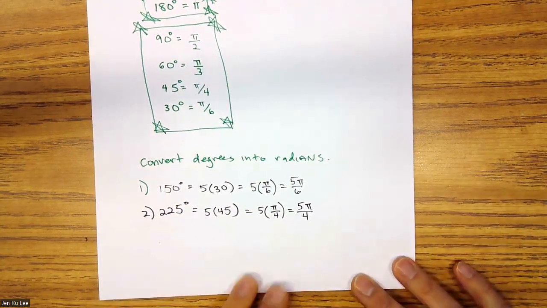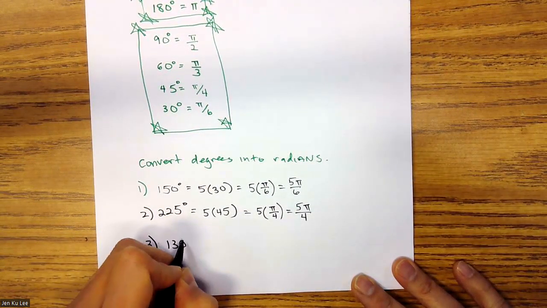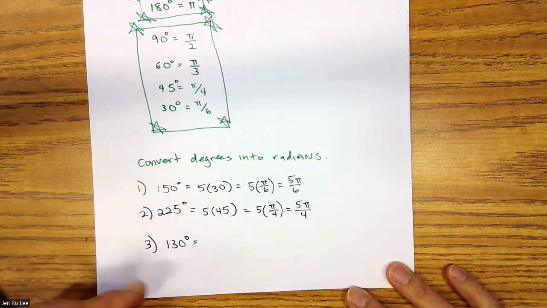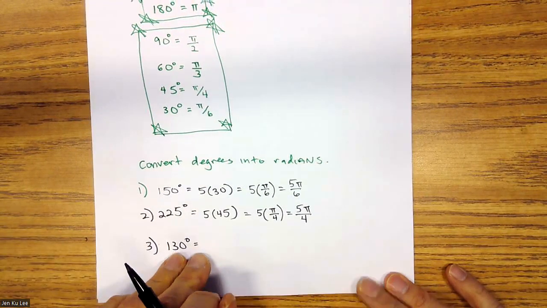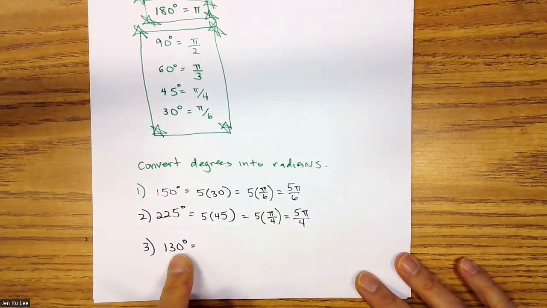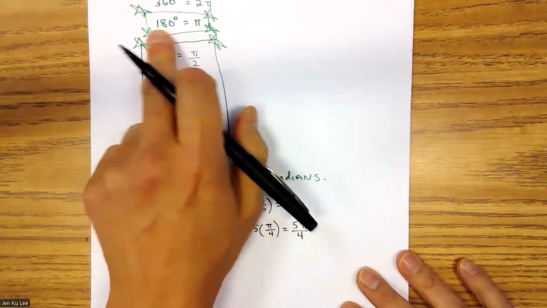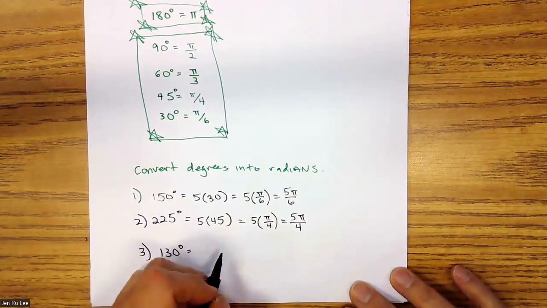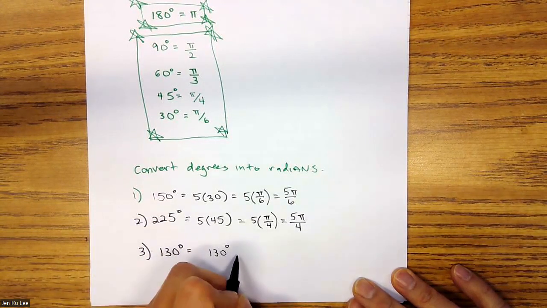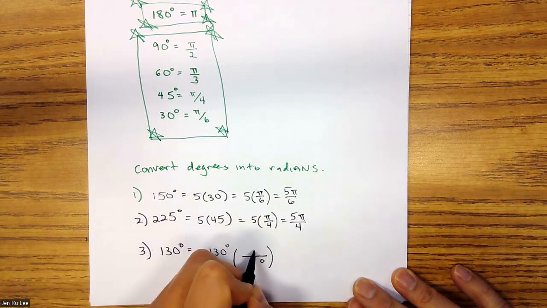Okay? Let's try another one. This one is a little funky because there is no radian measure here. There is no 30, 45, 60, or 90 that I can plug in here, right? So I'm going to use 180 equals pi as my conversion rate. What I'm going to do is go 130 degrees, I want to get rid of my degrees and I want pi.